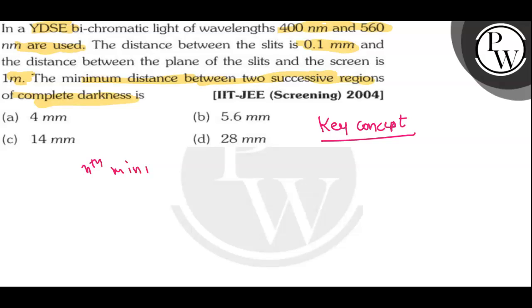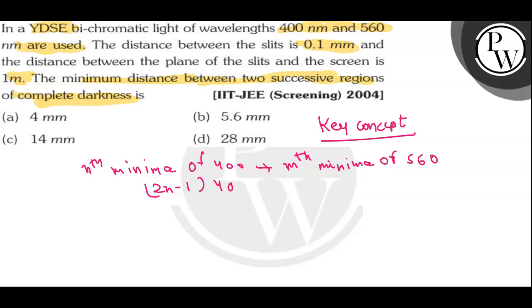Let us suppose the nth minima of 400 nanometer wavelength coincides with the mth minima of 560 nanometer. Then this can be written as 2n minus 1 times 400 is equal to 2m minus 1 times 560.